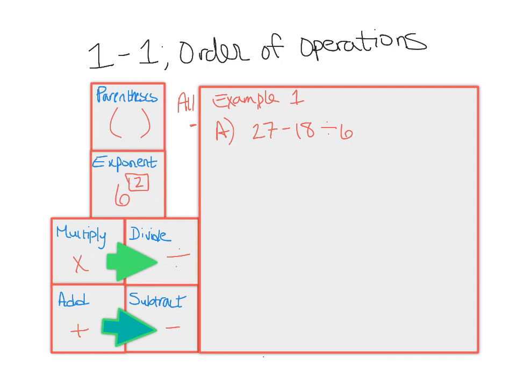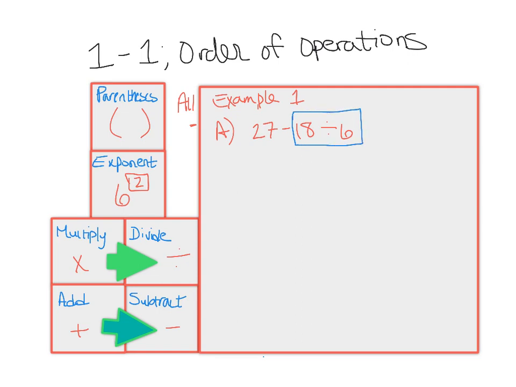So this box over here to the right is going to be our workspace because my iPad's not erasing. So here we have example 1, and it's 27 minus 18 divided by 6. Okay? So there are no parentheses. There are no exponents. So I'm going to multiply and divide. There is division right here.